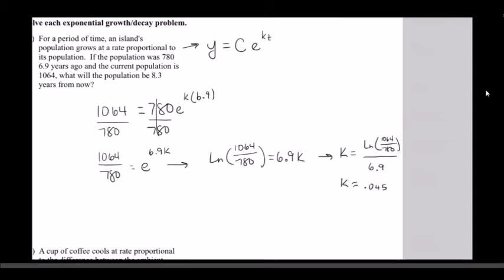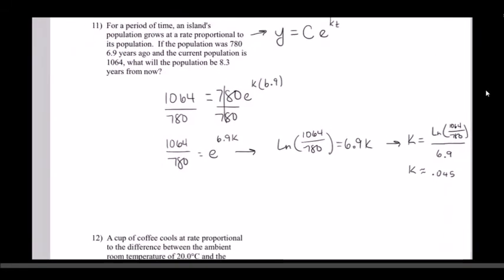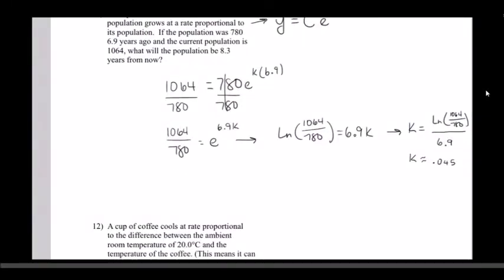So now that we know the value of k, we can go back and use this formula again. But now for c, we can use our current value of 1064 for the population to try to find future population 8.3 years from now. So future population y equals 1064 times e, and remember k is 0.045.